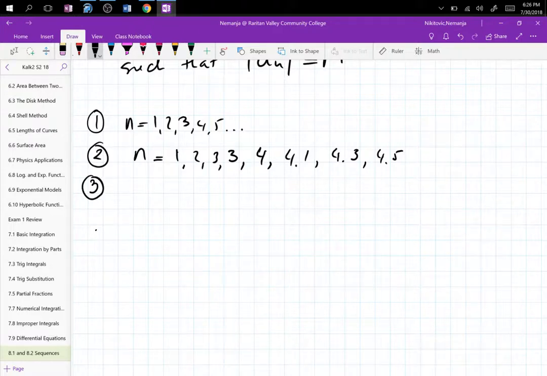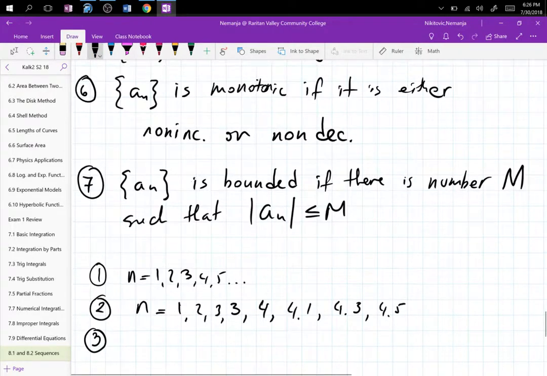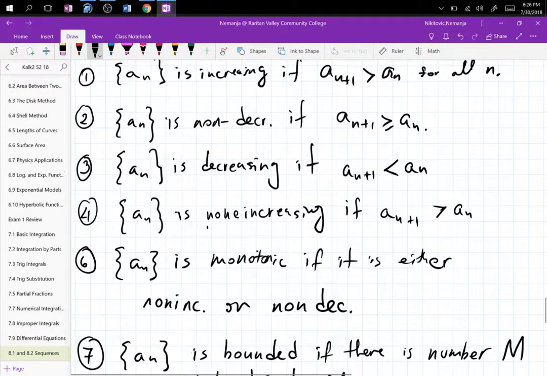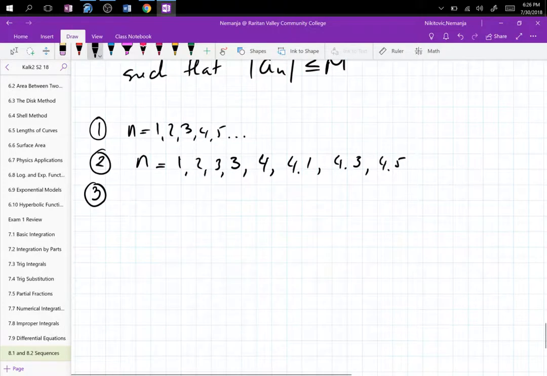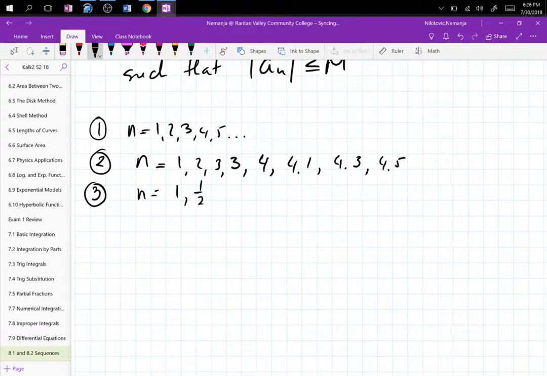Now the next two would be the same way. So we need a decreasing function. A decreasing function would be cool to have, let's say, 1, 1/2, 1/4, 1/8.